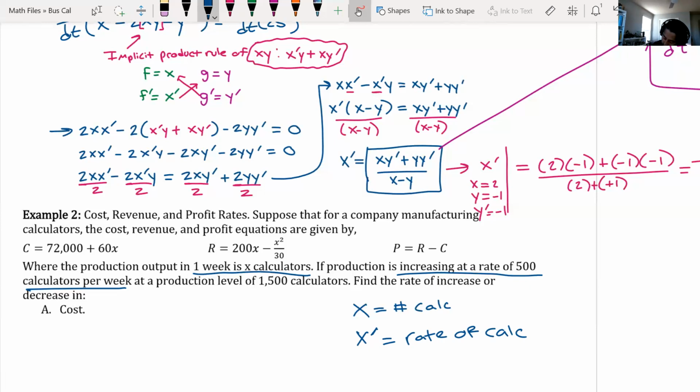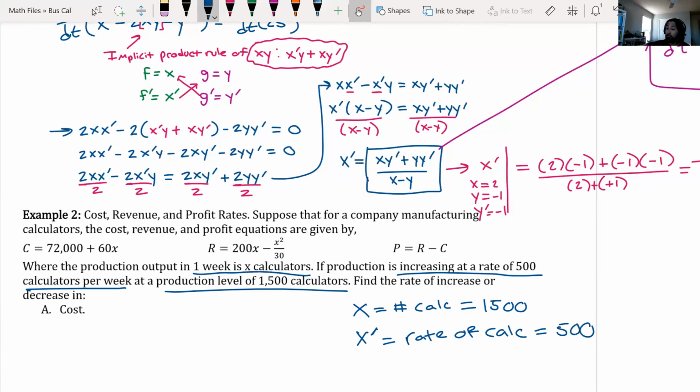Okay. So here, the regular number of calculators is going to be at a production level of 1,500. So x is going to be 1,500. But then the rate of how our calculator production is increasing is going to be 500.